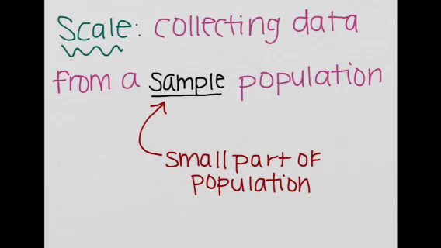Instead, you pick a sample population, which is just a small part of the population. So let's say the kids in your school, and you base your results of America off your school. They won't necessarily be accurate, but they'll be very, very close.